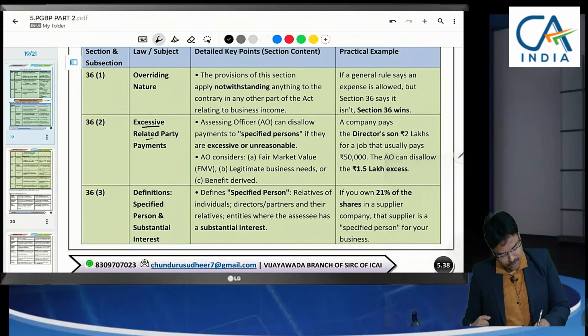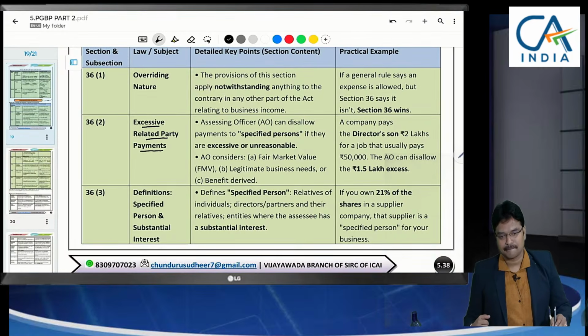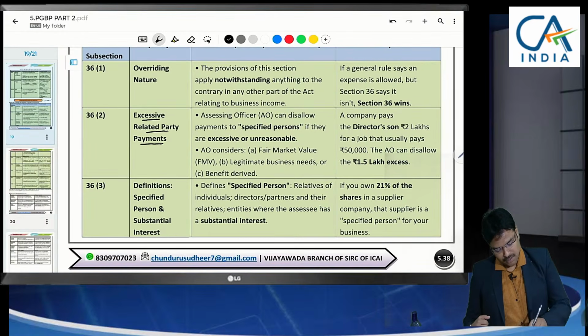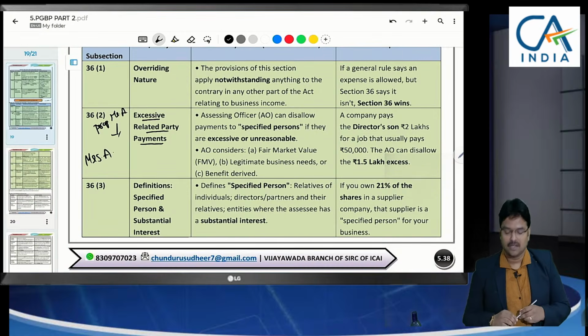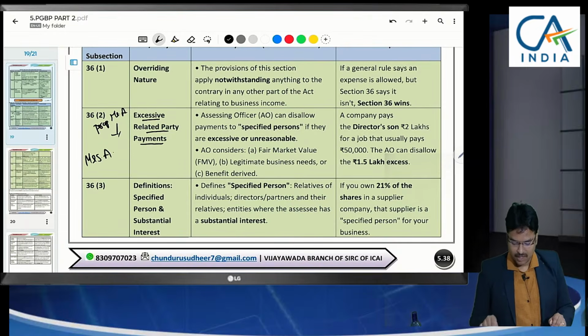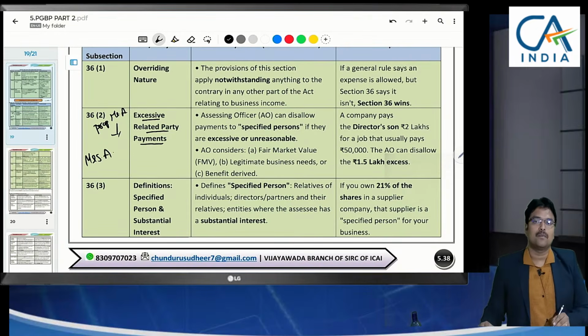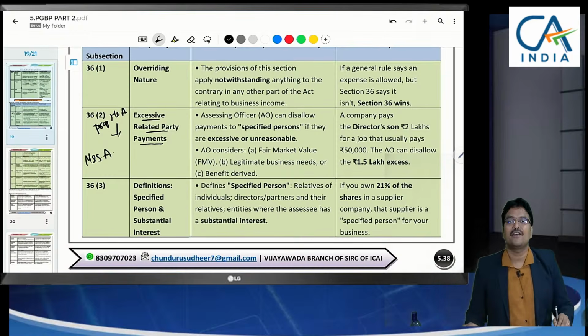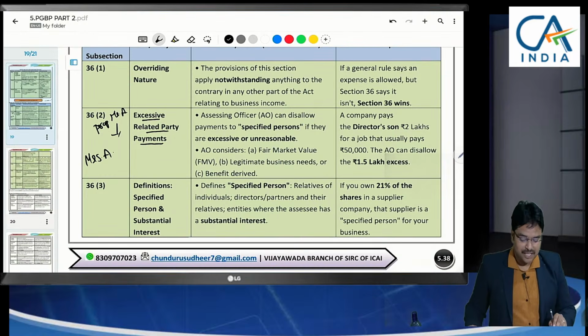Payment made to related parties. Business is done by proprietor, Mr. A, in which he has written salary to Mrs. A. Payment to relatives. We are not bothered regarding payment of salary. If she is working in your business, if she is helping in your business, you can write salary.